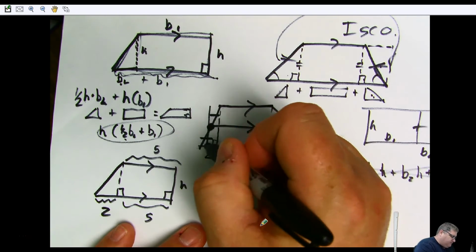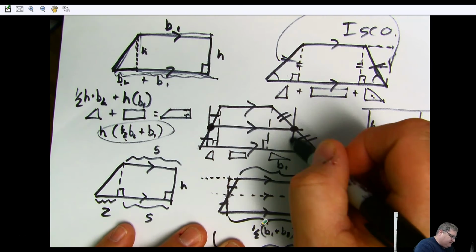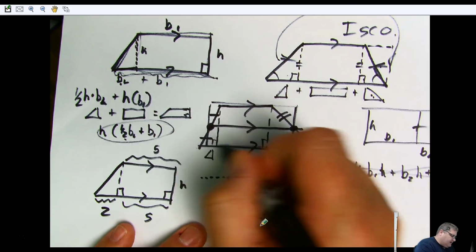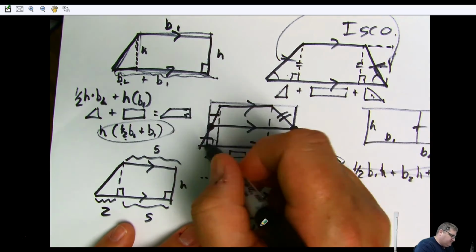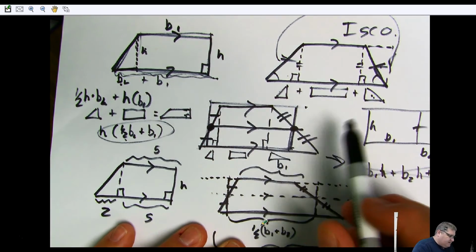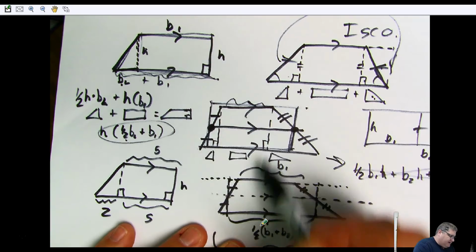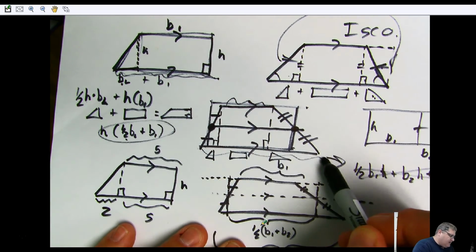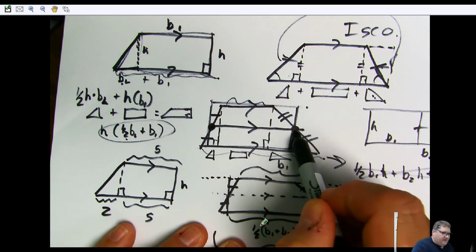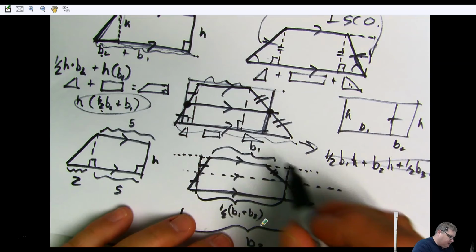If I draw my dotted lines right down these two dots, I make a nice pretty rectangle that is base times height. But what it means is I can't use this base and I can't use the big base. I got to use halfway in between. Well, how do I find halfway in between?